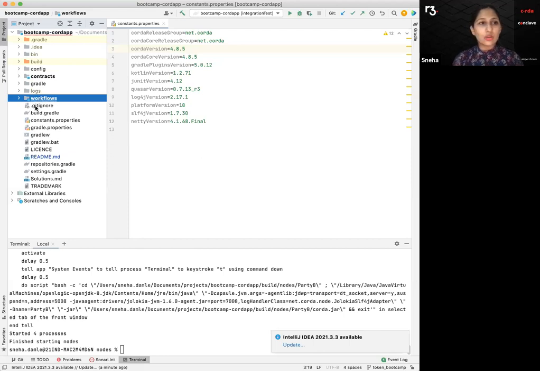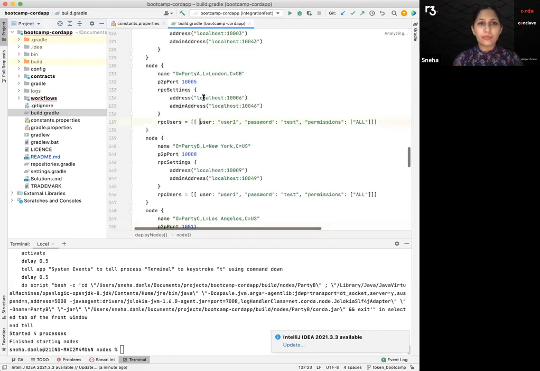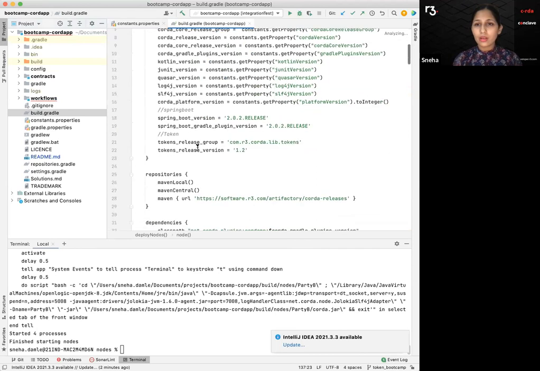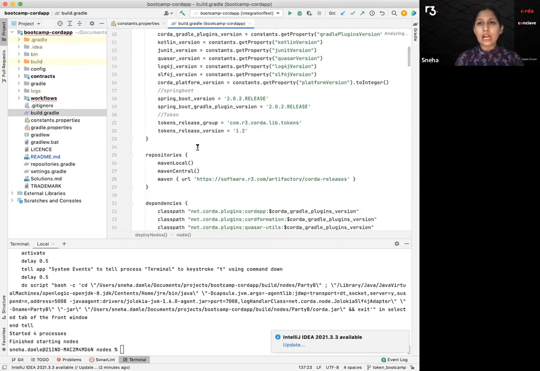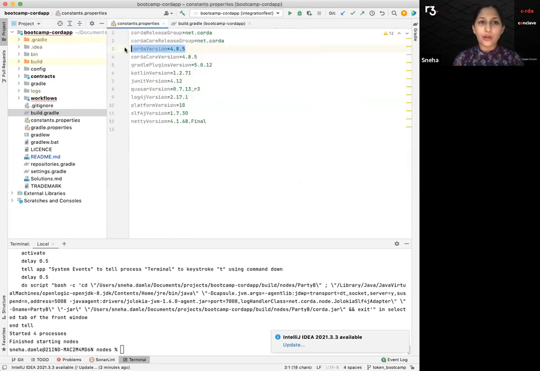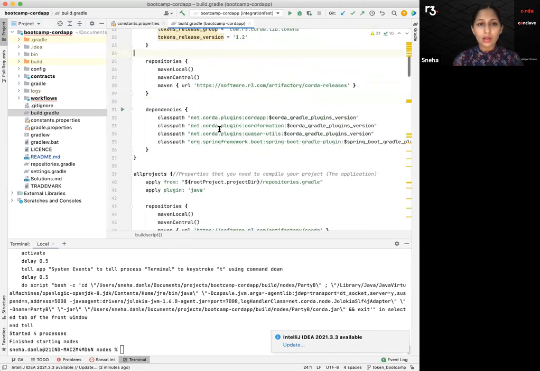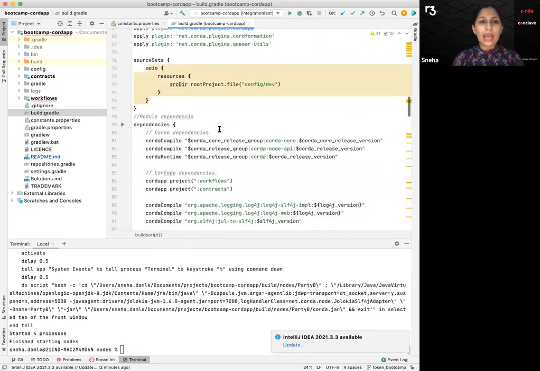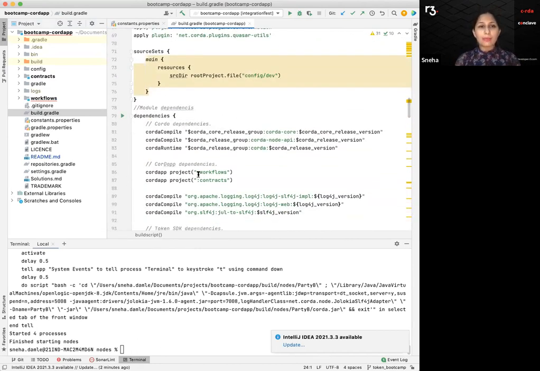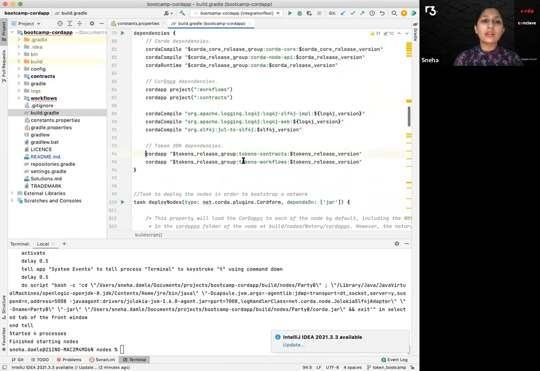Now, let's begin by looking at the build.gradle. For this particular sample, I'm going to use Token SDK version 1.2 and Corda version 4.8.5. To import the Token SDK into your application, you just have to mention these two dependencies, the token contracts and the token workflows.